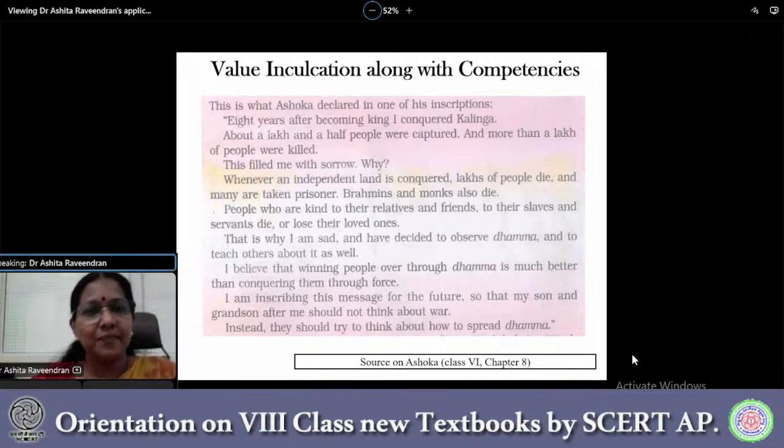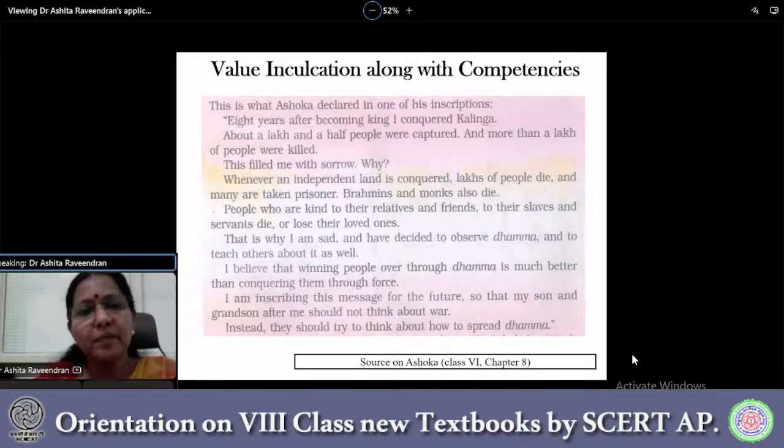Now, we have already stated that along with the social science learning, along with the skills, we also would like to have value inculcation among our learners. So this is also an important objective of social science learning.